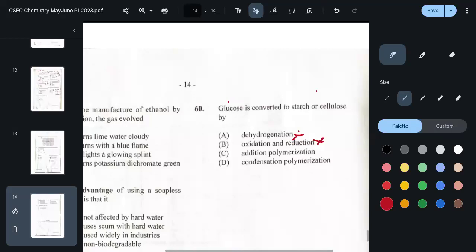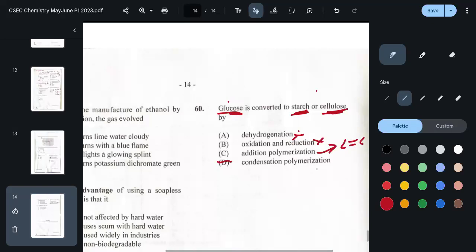So the answer has to be D. Remember, it says glucose is converted to starch or cellulose, so it has to be condensation, because addition is only for alkenes, and glucose and starch are not alkenes.